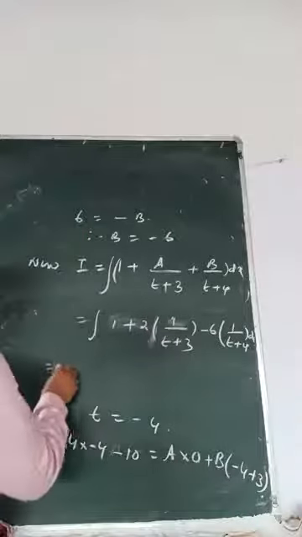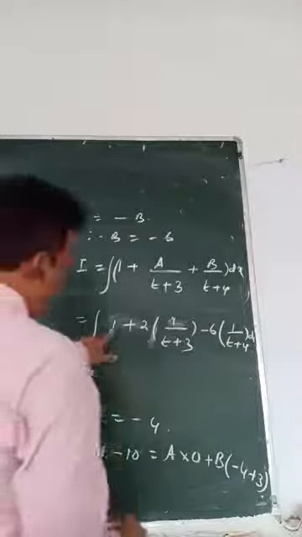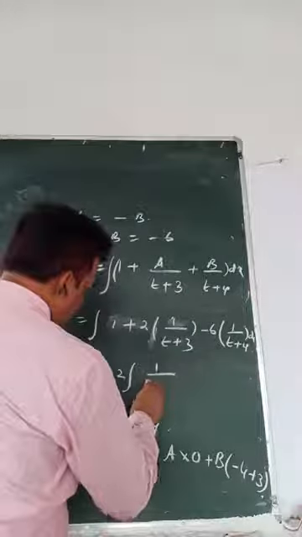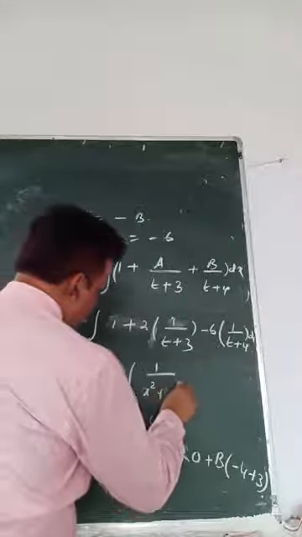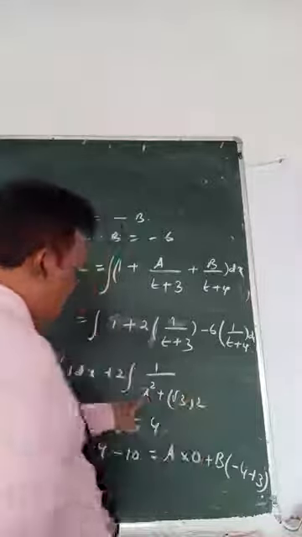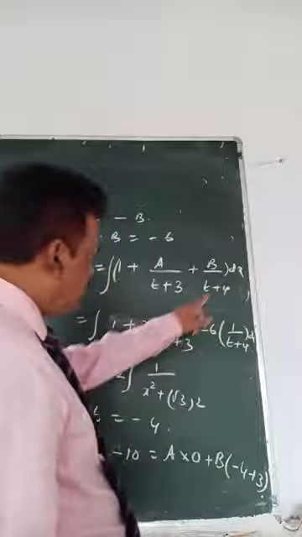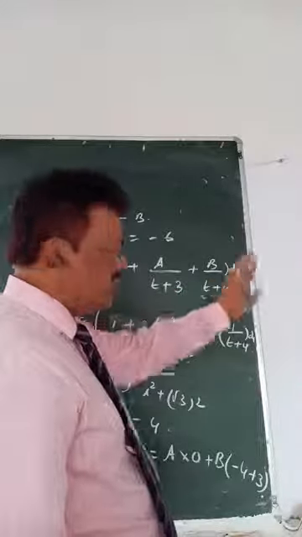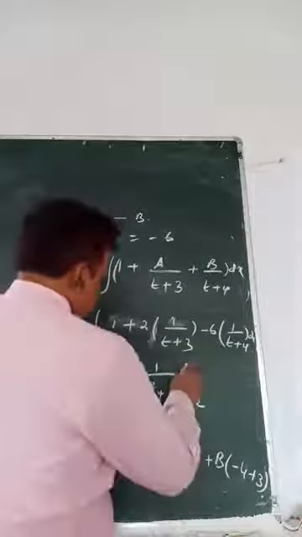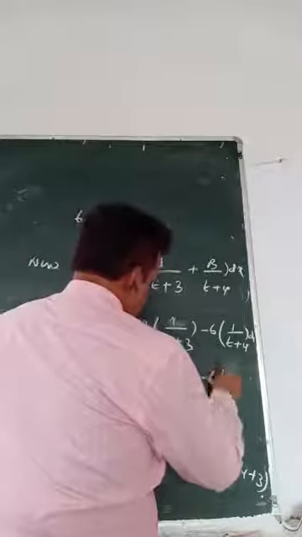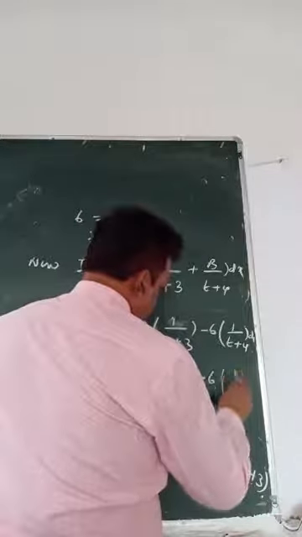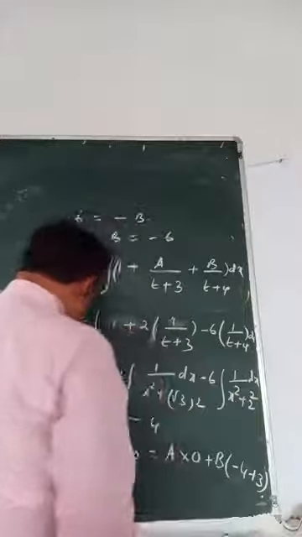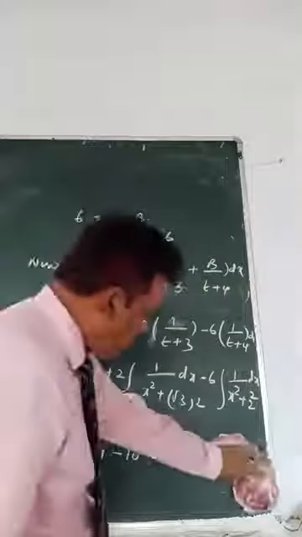That is 1 dx, plus 2 by (x square plus root 3 square) dx, where root 3 square is 3, because you have to put back t, then integrate, with respect to x. Minus 6 by (x square plus 2 square) dx.